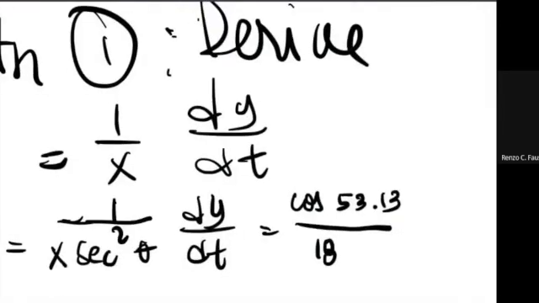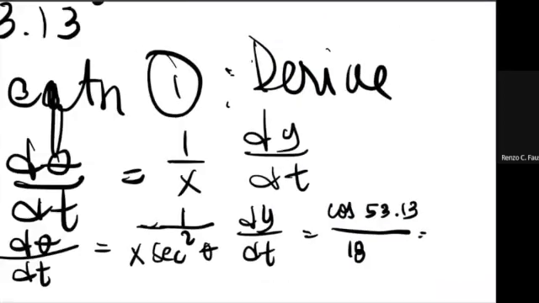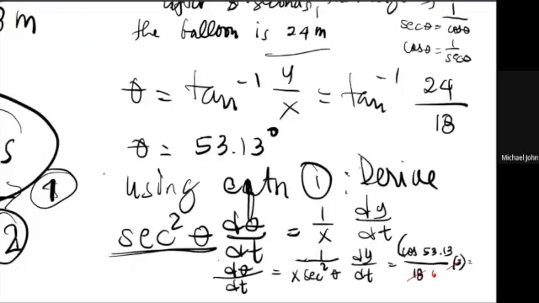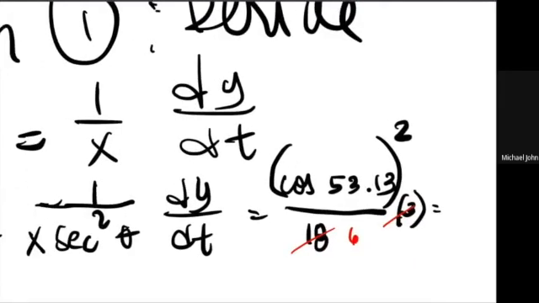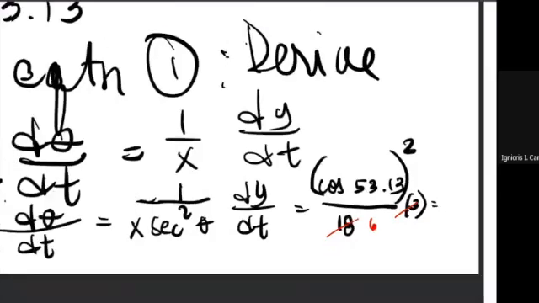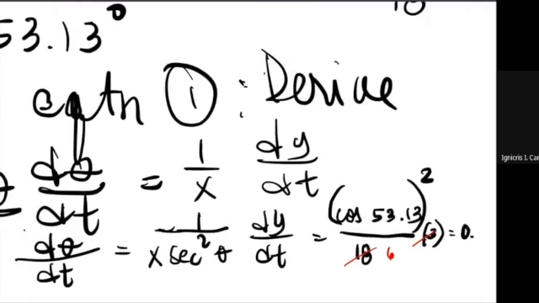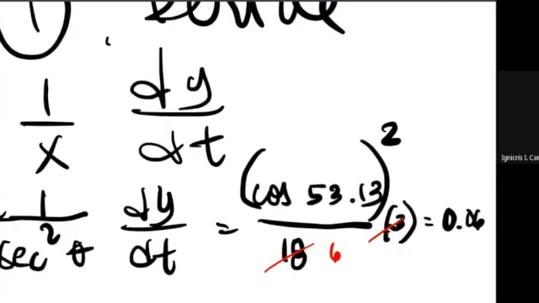So multiply this by 3. This is supposed to be squared, so the answer is cosine squared of 53.13 divided by 6. That is 0.06. What's the unit? Radians per second.